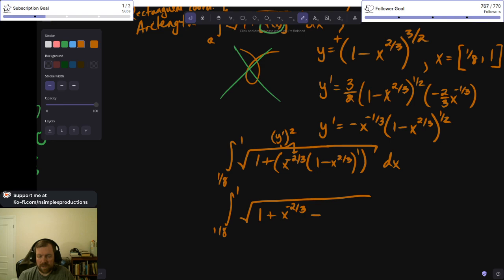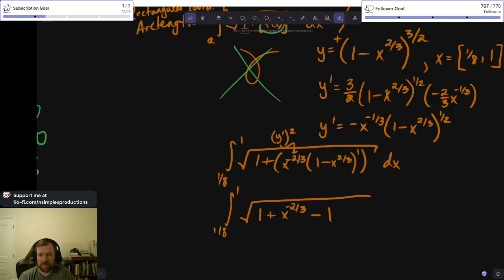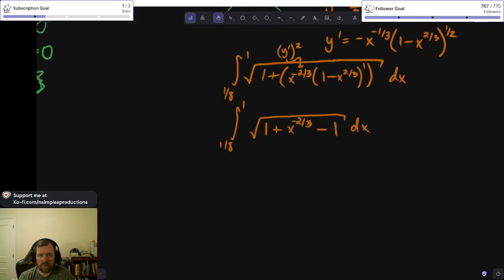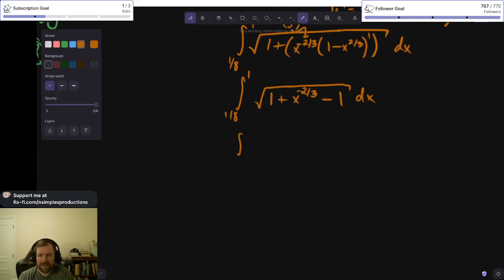Okay, and then minus x to the negative 2/3 times x to the 2/3 is going to be 1. dx. Anybody see the writing on the wall yet? Right, 1/8 to 1, square root of 1 minus 1 ends up just being 0, and we've got x to the negative 2/3 inside that square root dx.